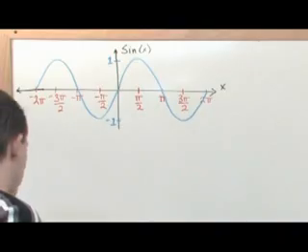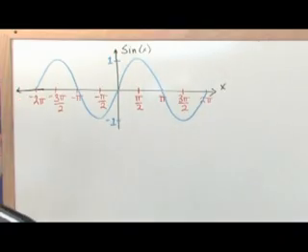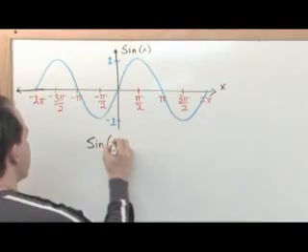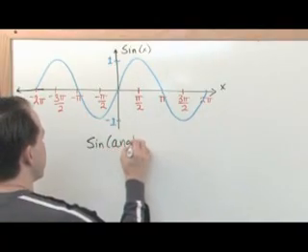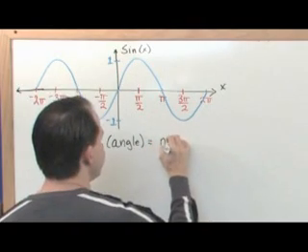Now what I want to call to your attention is just sort of the obvious. We all know that if you take the sine of an angle, what you get back out of that operation is a number.